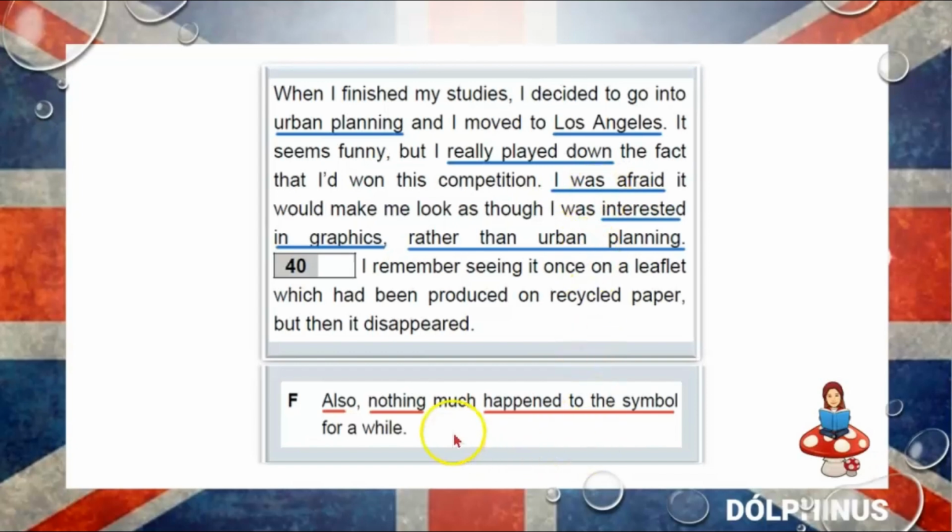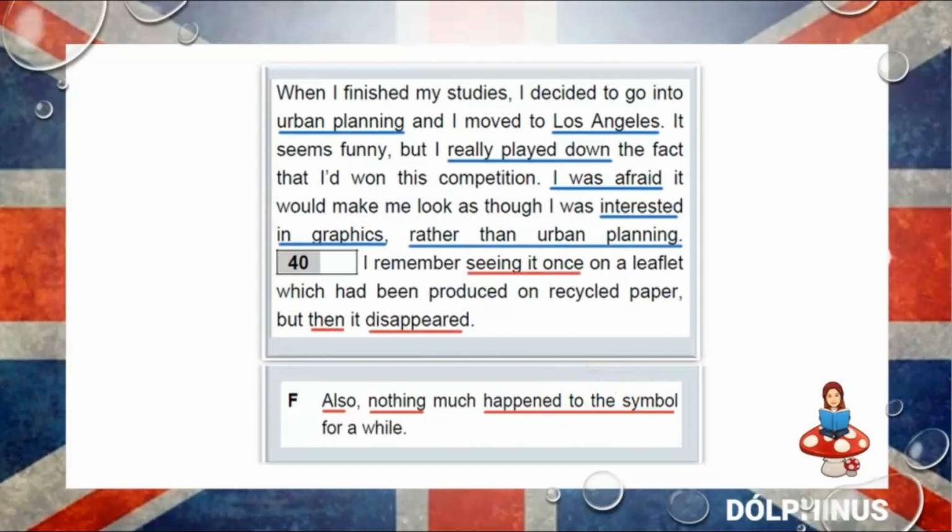Why? Because nothing happened to the symbol. This idea is also repeated after the gap. Nothing happened to the symbol. And he remembers seeing it only once and then not seeing it again. And this, it, is making reference to the symbol.